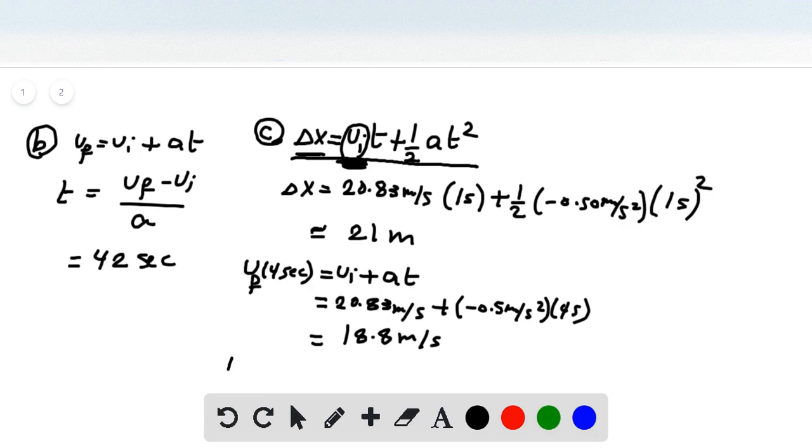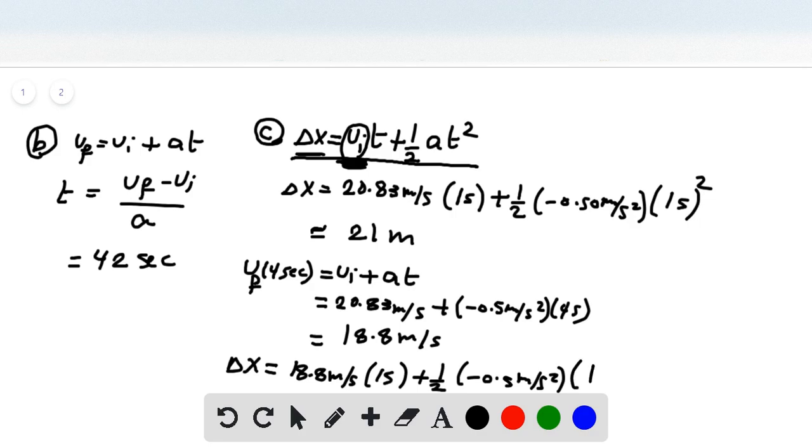So I come back here to delta x. The distance traveled during the fifth second is going to be the speed at the fourth second, 18.8 meters per second, times the period of time it took from the fourth to the fifth second. The period is 5 minus 4, just 1 second again, plus half times the acceleration times the period, again 1 second squared.